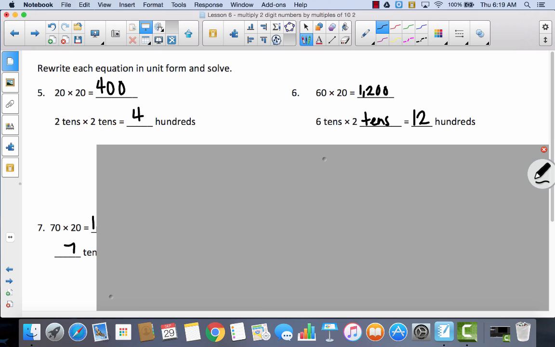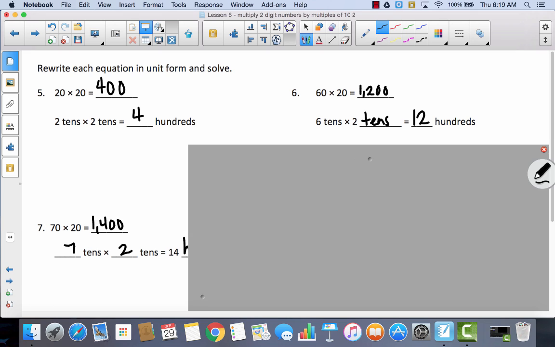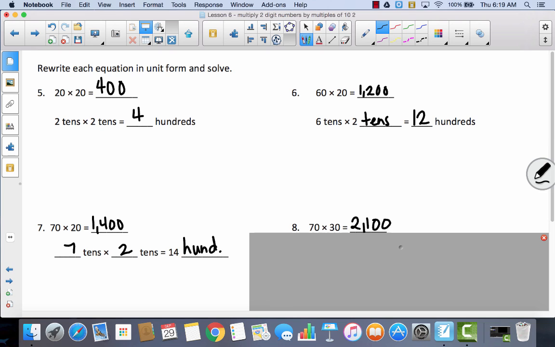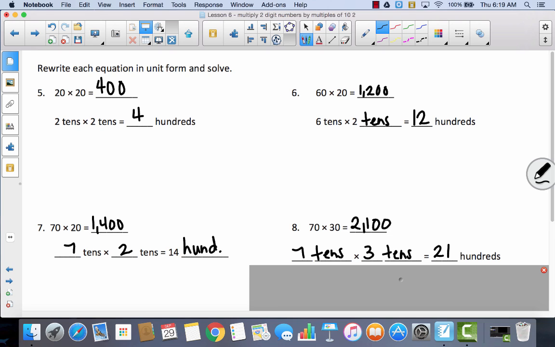So we had 70 times 20, which is equal to 7 tens times 2 tens, which equals 14 hundredths or 1,400. And then last, number 8, we have 70 times 30, which is 7 tens times 3 tens, which is equal to 21 hundredths or 2,100.